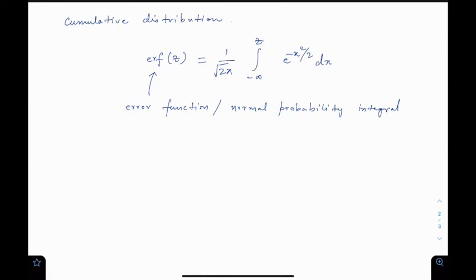Now if on the other hand we are working with the Gaussian distribution, not the unit Gaussian, then for N of x, mu, sigma square, the CDF is given by the error function of x minus mu by sigma.